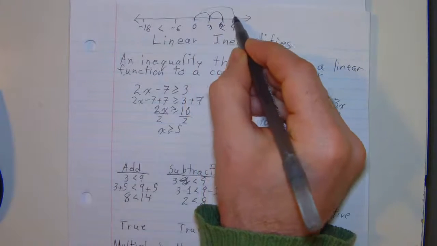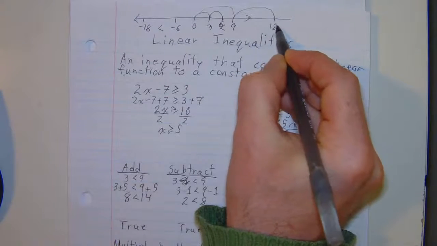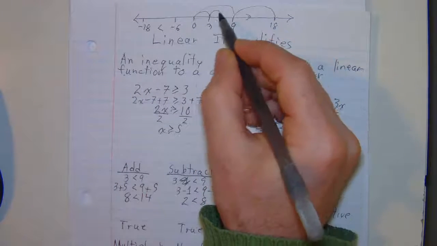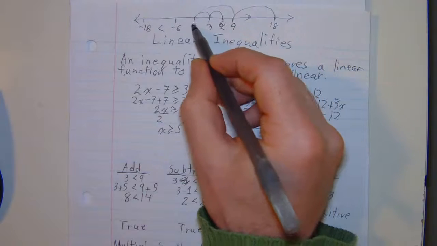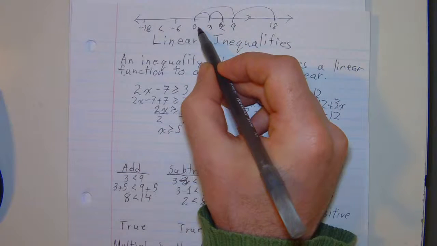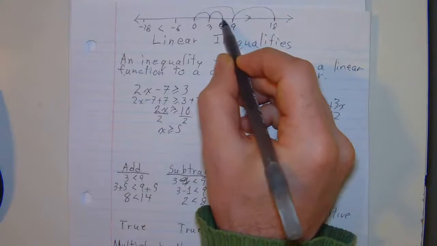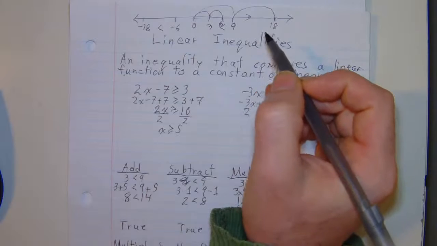The 9 gets doubled out to 18. So we've had this stretch happen by 2. Well, stretching things doesn't change which one is closer to 0, right? 3 gets stretched out to 6, 9 gets stretched out to 18. There's not going to be any change in which one is closer to 0.